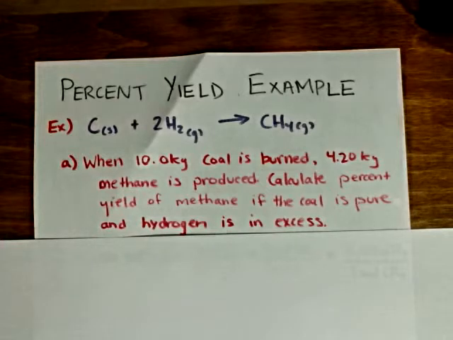So in order to calculate percent yield, what we need is the actual mass of the product, which we have, 4.20 kilograms of methane, and we also need the theoretical amount, which we don't have, and that's what we have to calculate. So we have to calculate the theoretical mass of methane that could be produced from 10 kilograms of the carbon.